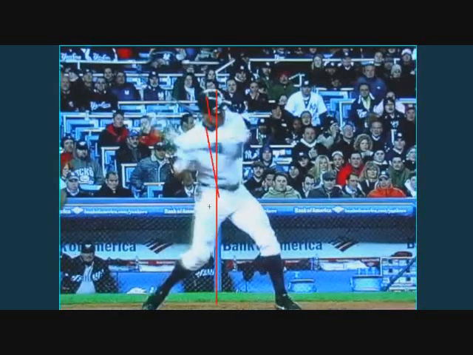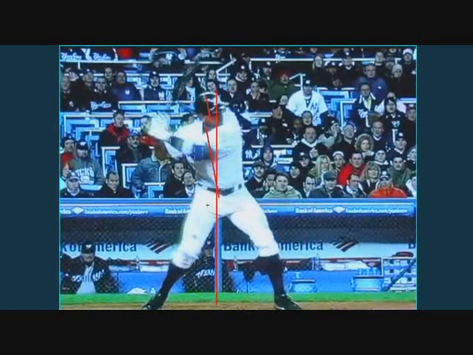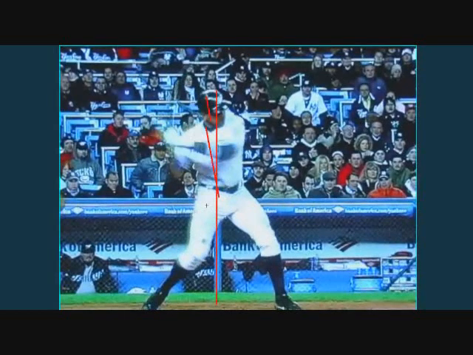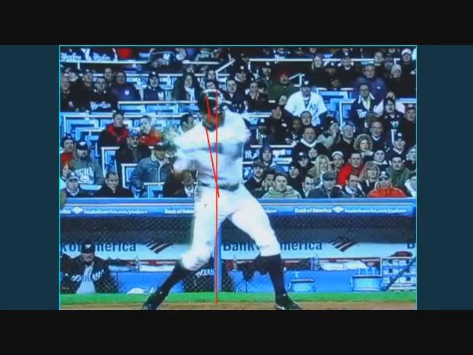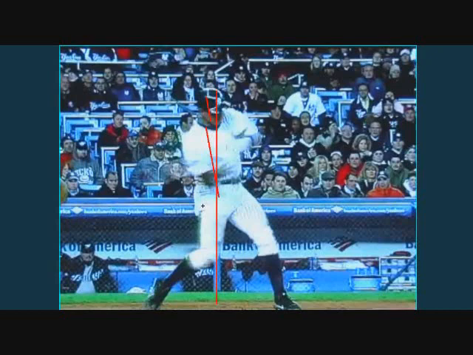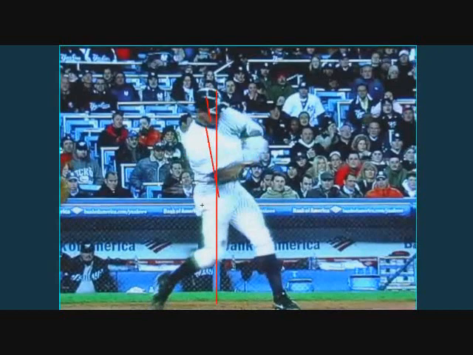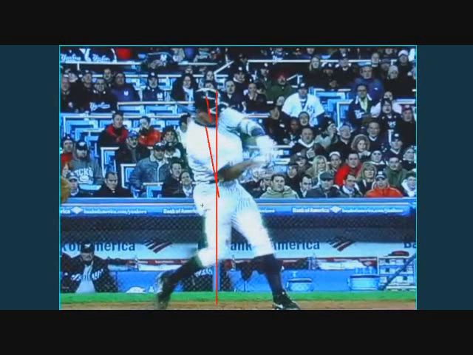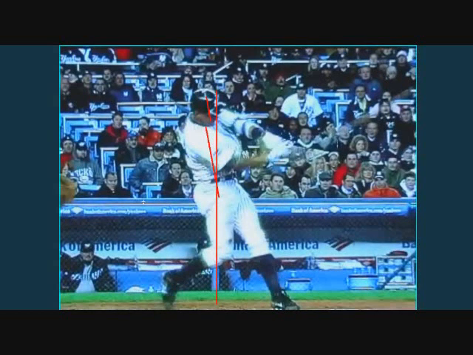So from this position upon heel plant, the head should not move forward anymore. If that head continues to drift forward, that would be a linear movement and part of the linear swing. And we don't really see that anymore, unless a player gets fooled badly, does their chest and head continue to move forward throughout the swing.